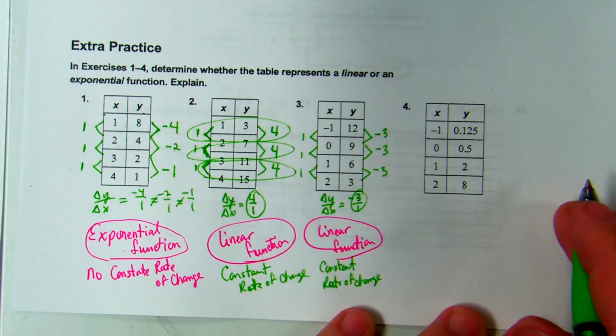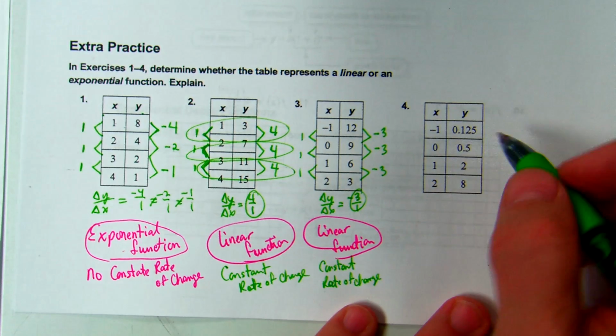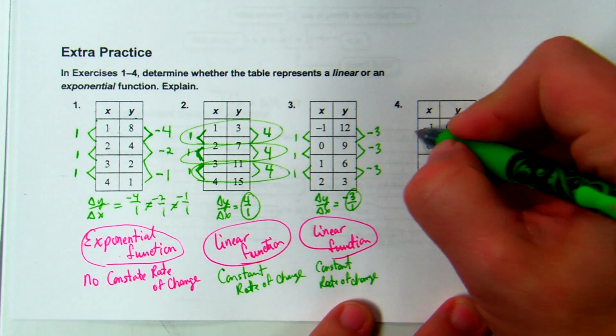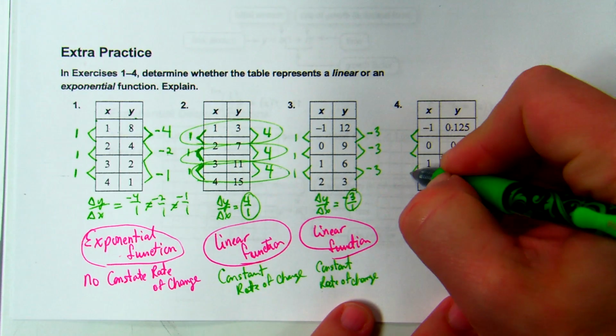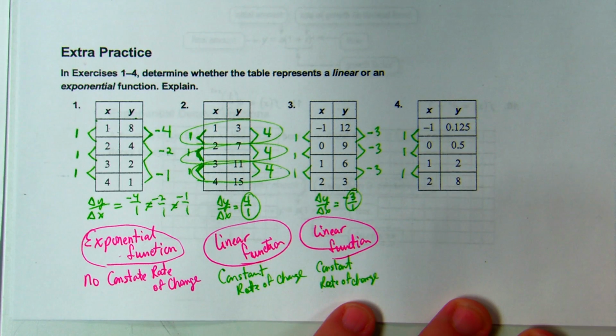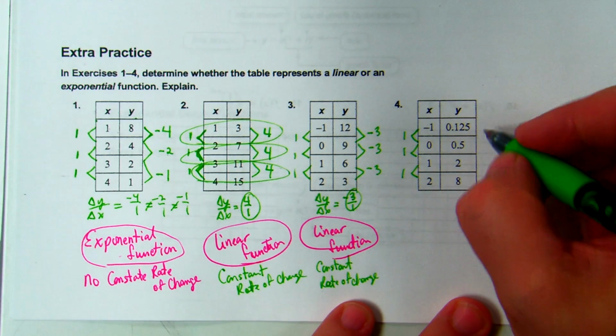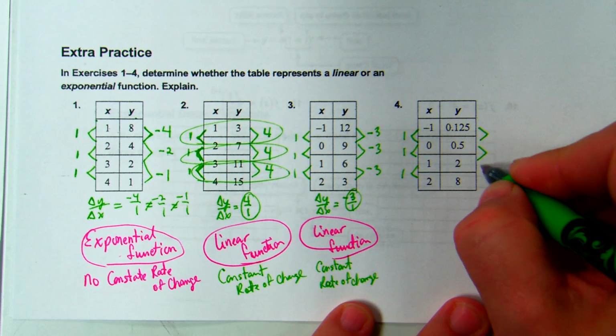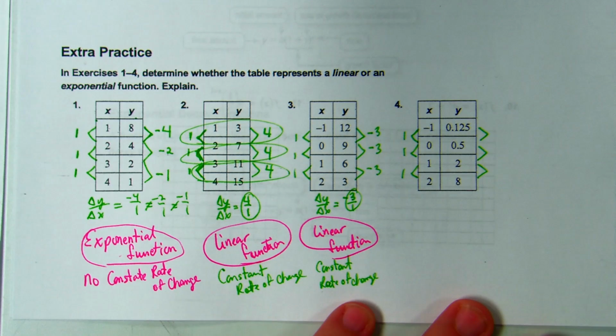Okay, last example in this group here. We're going to have, once again, changes in x's are all going to be by 1. The changes in y are not going to be constant. You can already tell that just from the size of the numbers here.